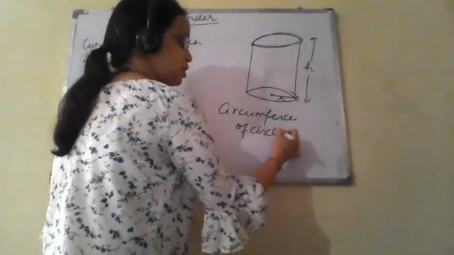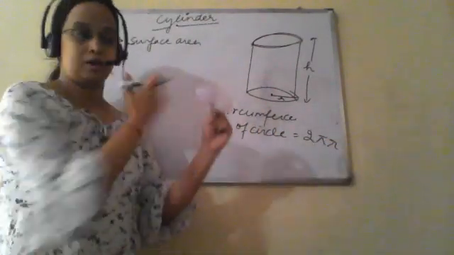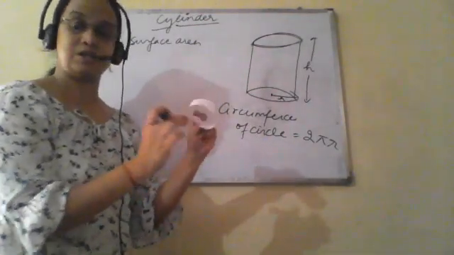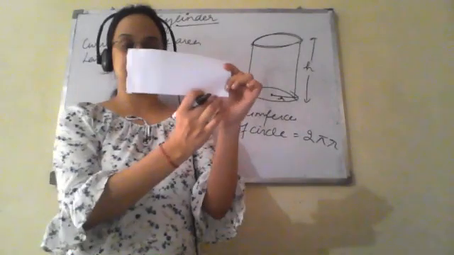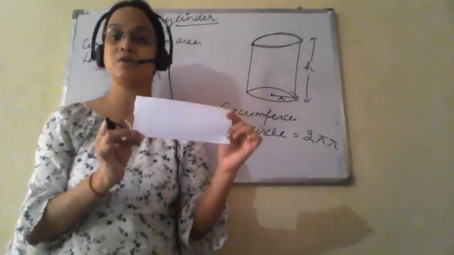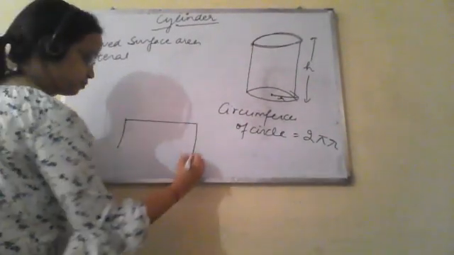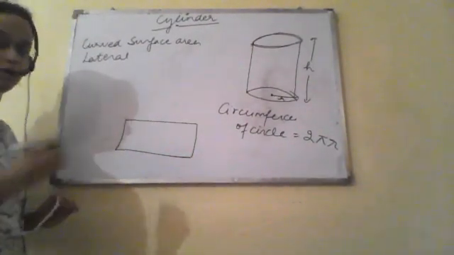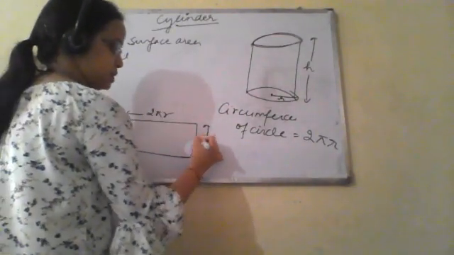If r was the radius, the circumference was 2 pi r. So when we cut it this way, this length will become 2 pi r, equal to the circumference of the circle, and this height will remain the same, h.